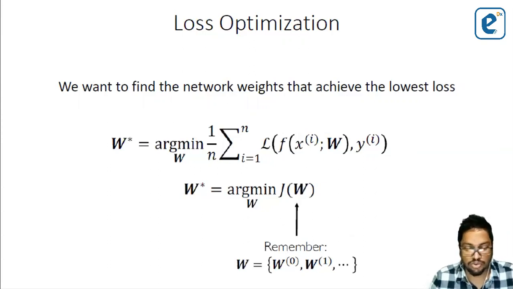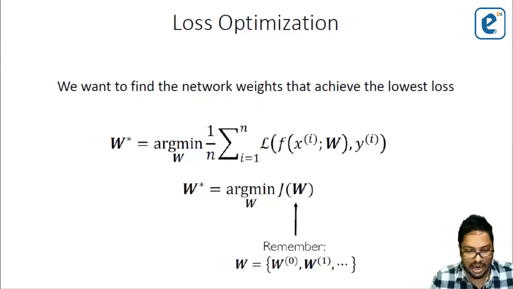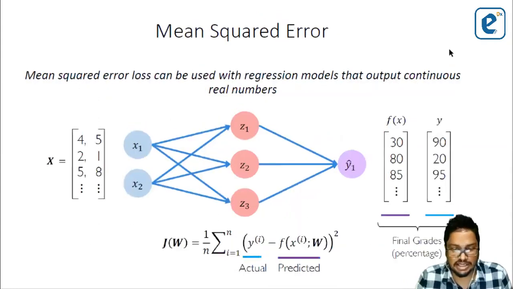In order to optimize the loss, we have to minimize the error, and at the end we are going to reach the optimal loss, right? For this we need to use an optimizer, and the fundamental optimizer is the gradient descent algorithm, right?